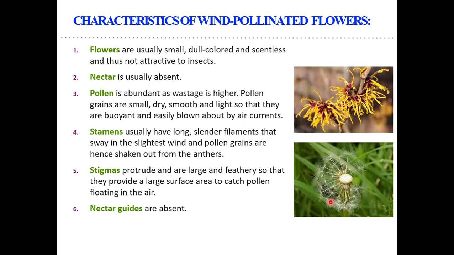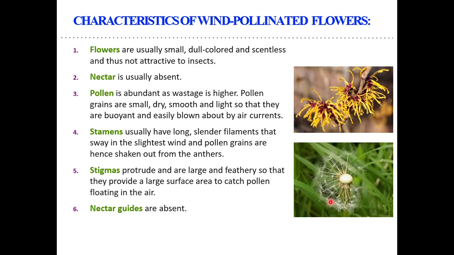Pollen grains are small, dry, smooth and light so that they are buoyant and easily blown by air currents. The stamens usually have long, slender filaments that sway in the slightest wind, and the pollen grains are hence shaken out from the anthers.